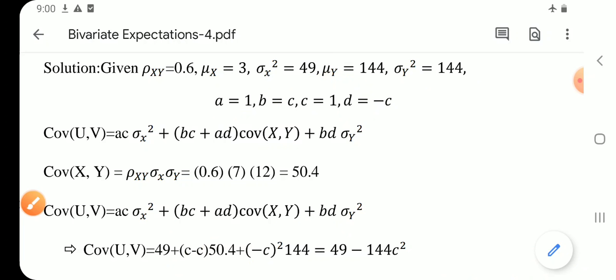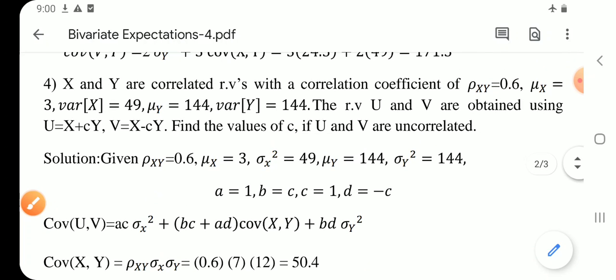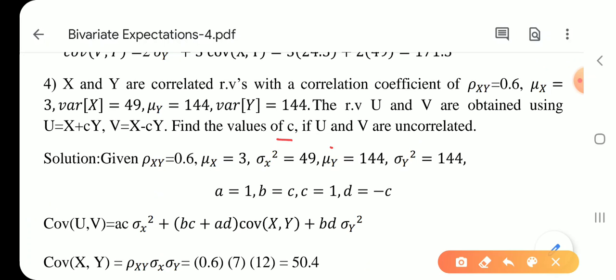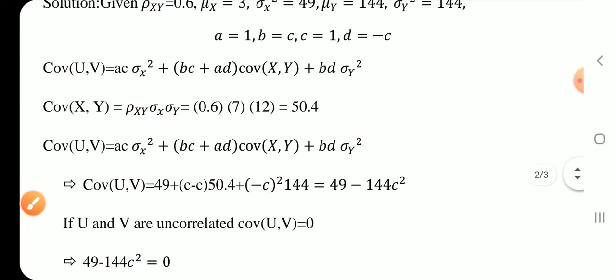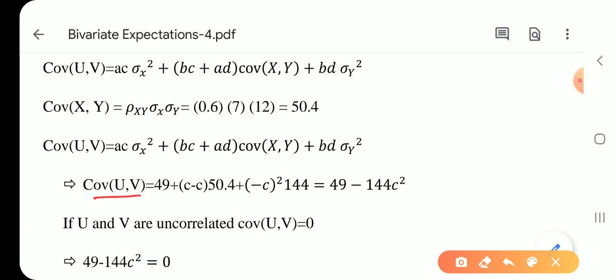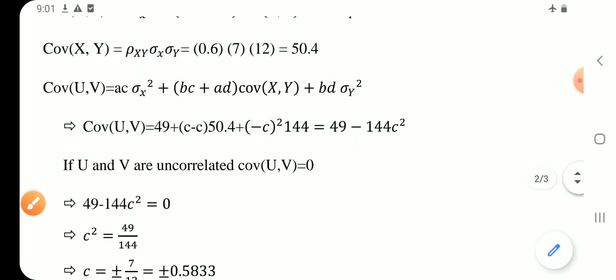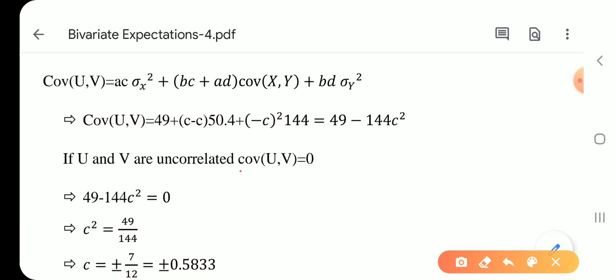Further, we have to find the value of C if U and V are uncorrelated. U and V are uncorrelated means covariance of UV is 0. So let us put the value of covariance of UV to be 0 here. I will get 49 minus 144 C square is equal to 0.